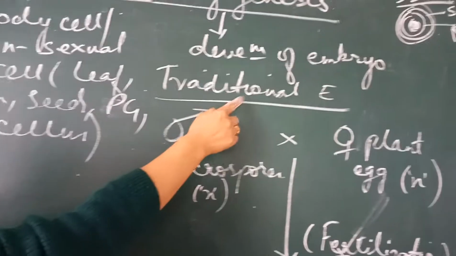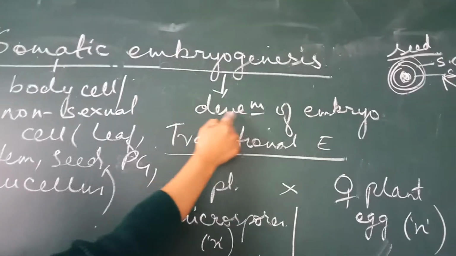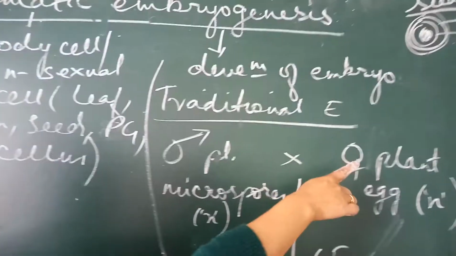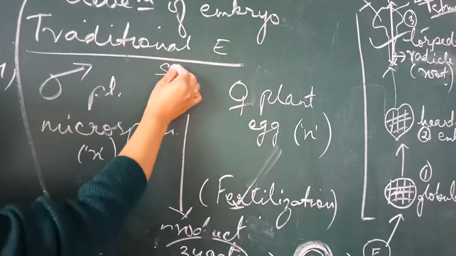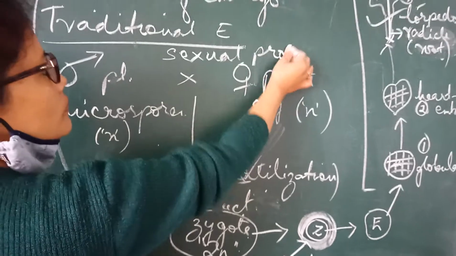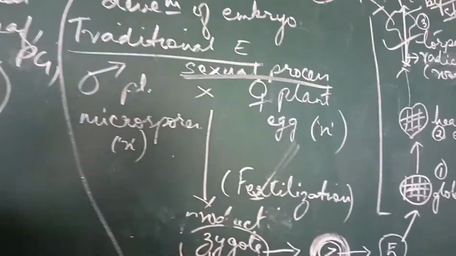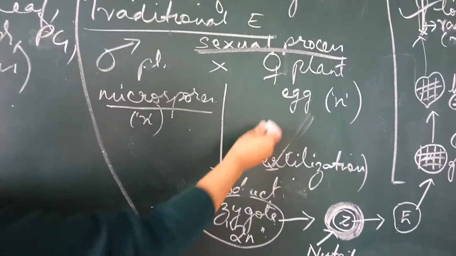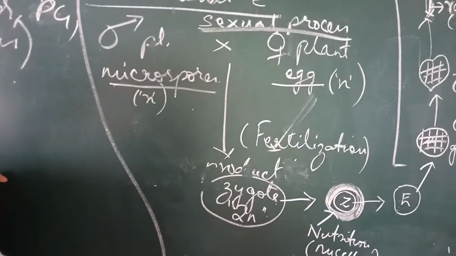When you look at this process, development of embryo, you need a male plant, you need a female plant, so it is a sexual process. And you need two sexual units in the form of microspore and in the form of the egg.